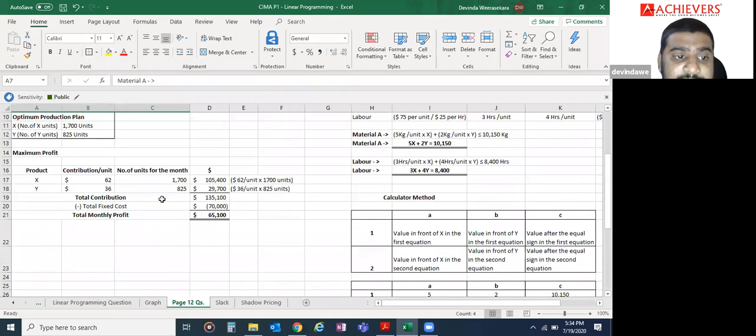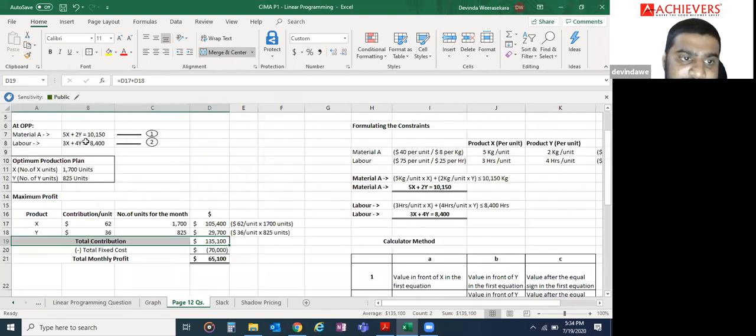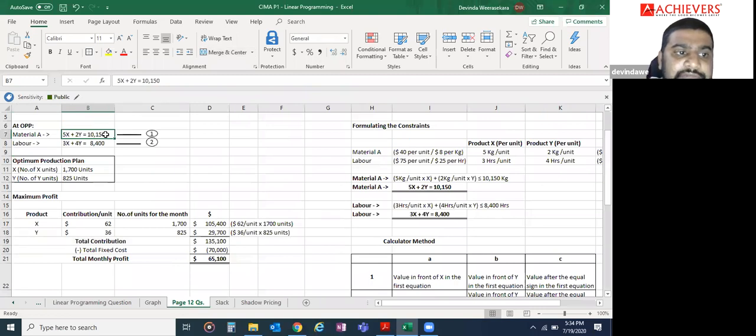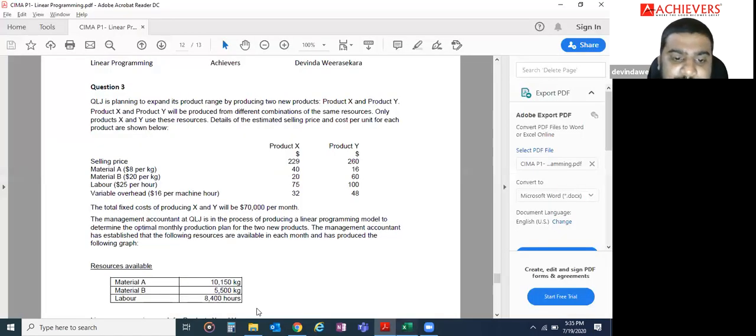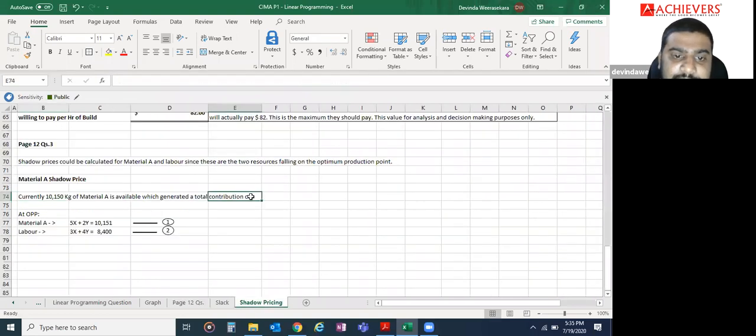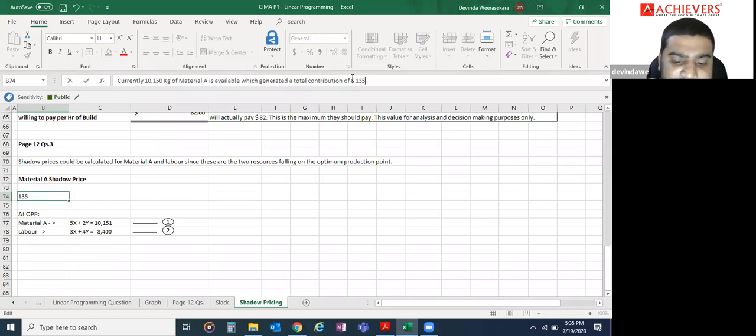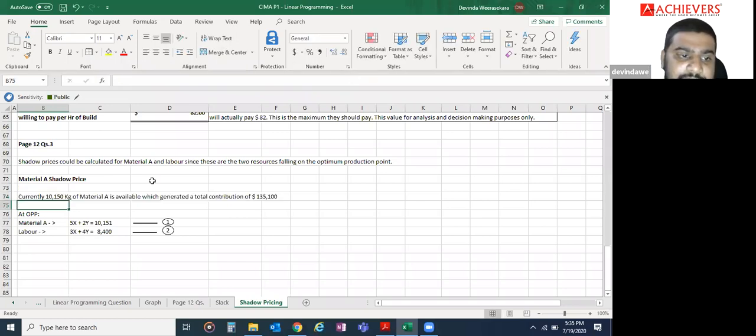We did the calculation here. Total contribution generated was $135,100. With 10,150 kilos of material A, my optimum plan was 1,700 units of X, 825 units of Y, and the total contribution was $135,100.